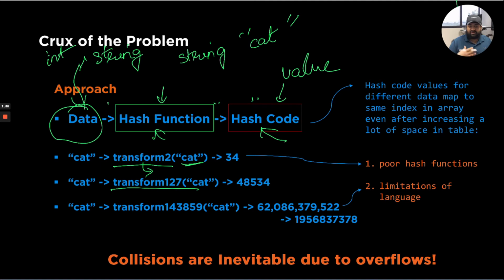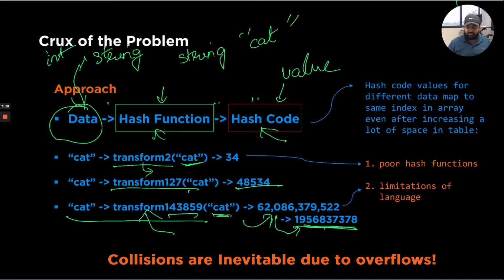We also had transform 127, which is for ASCII characters. If we used Unicode, we could have a function like transform 143859. I'm just representing the values, which is the number of characters in Unicode, to convert this cat into this big number, which again changes into this number because of overflow.